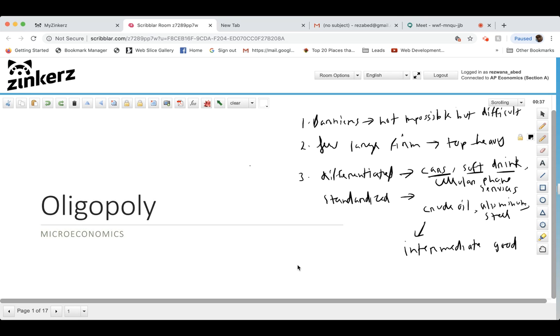Okay. And then lastly, there was another point about interdependence. Does anybody remember what that was? Yes, that the action of one firm affects the action of the other firm. Yes. So in oligopoly, firms are mutually interdependent, which means that the action of one firm affects others, right?